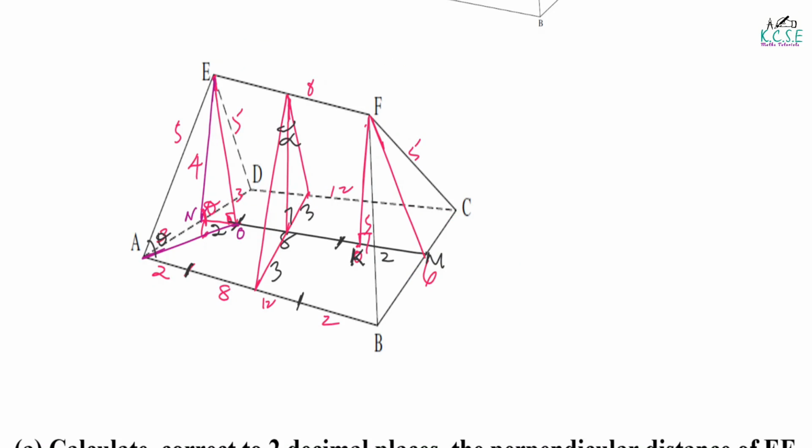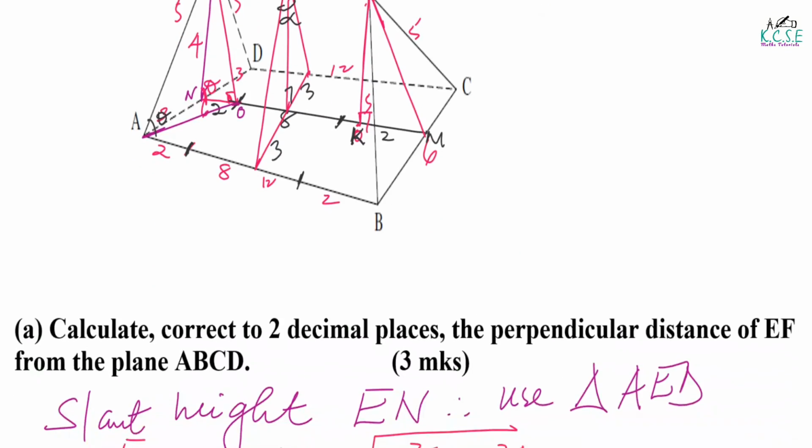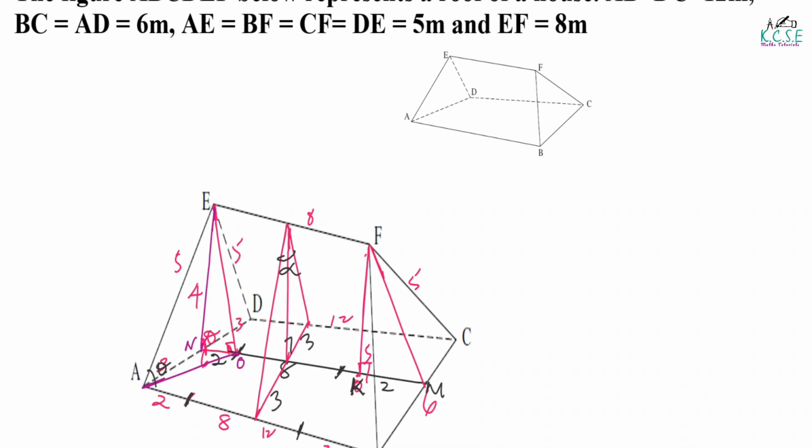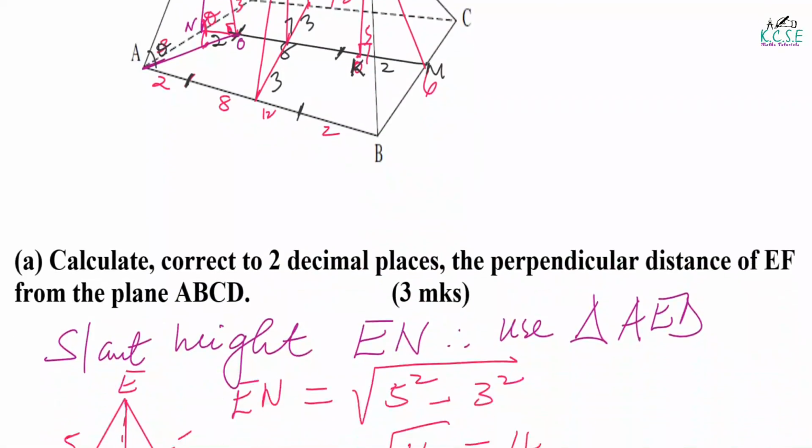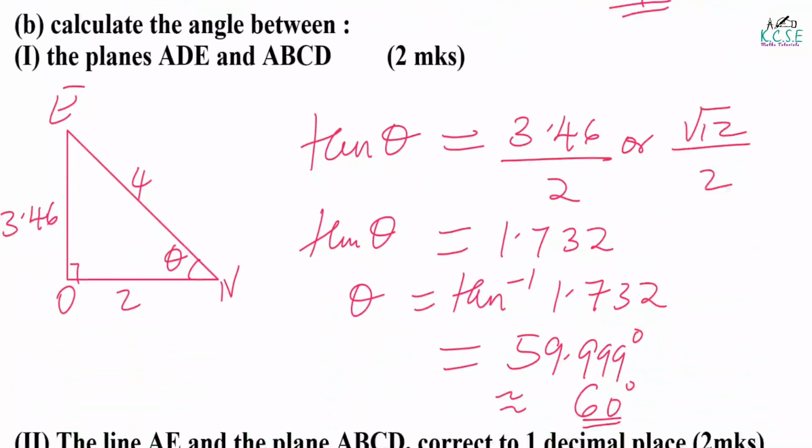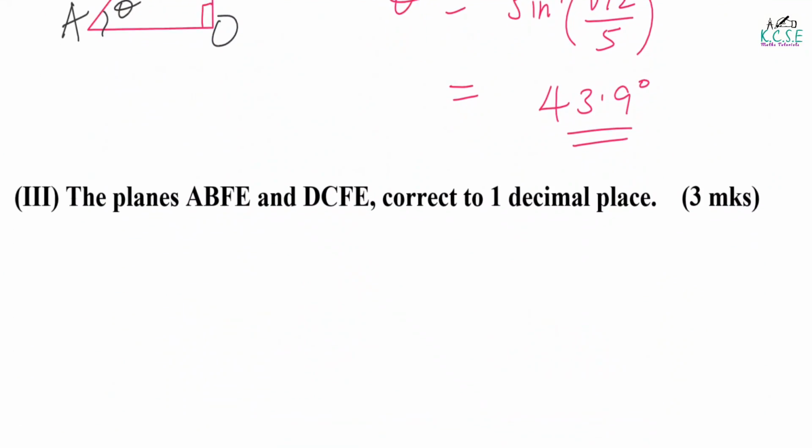So we only need to extract that triangle. We can call this point J. We don't need to even label the other one. We can extract this triangle that we have here. Let's extract it since you can see it.